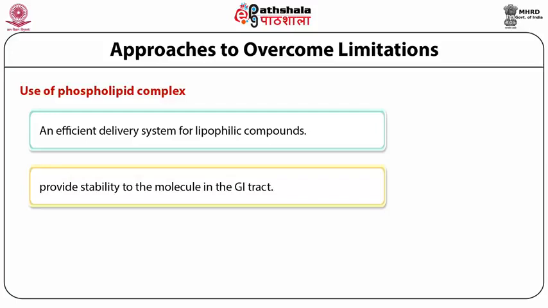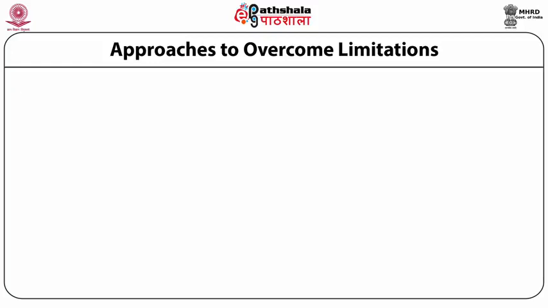This by far has been the most common way of enhancing the bioavailability of hydrophobic compounds. Despite the presence of these three modes of enhancing bioavailability, they have their own specific limitations, such as non-use in food materials. So, in light of this, can nanoformulations be used for overcoming these limitations?